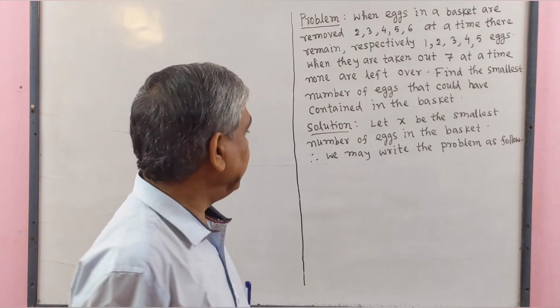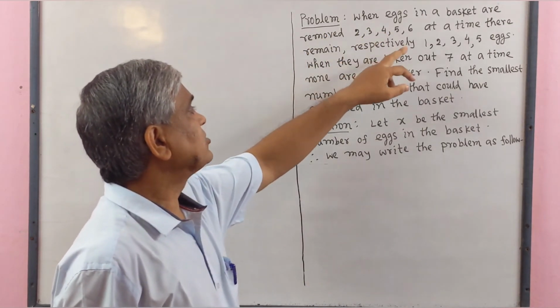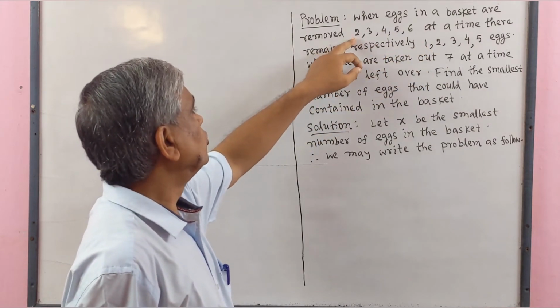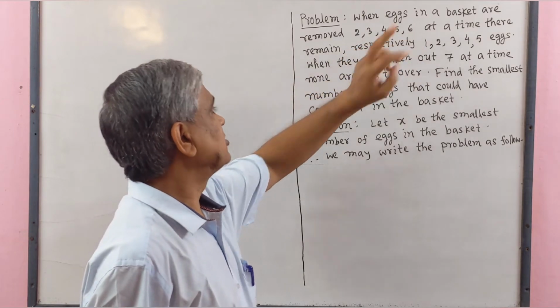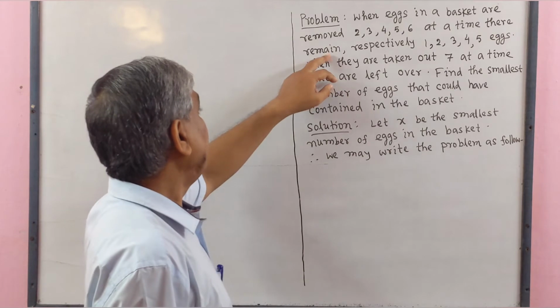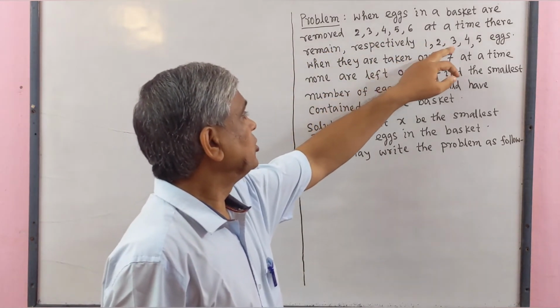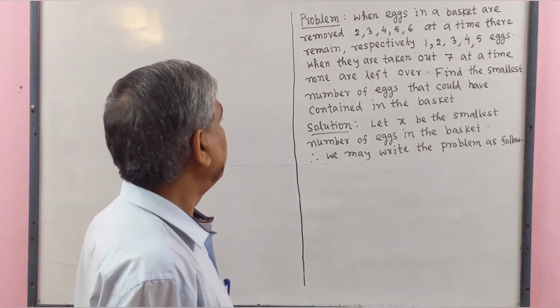Now we solve the next problem. Problem is when eggs in a basket are removed 2, 3, 4, 5, 6 at a time, there remain respectively 1, 2, 3, 4, 5 eggs.